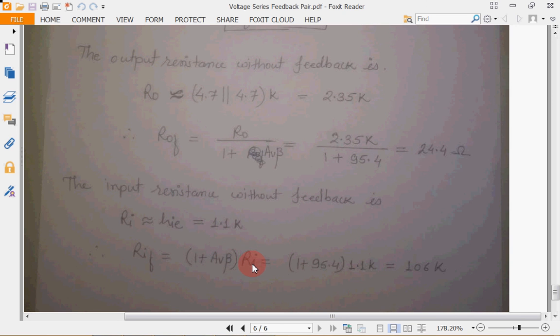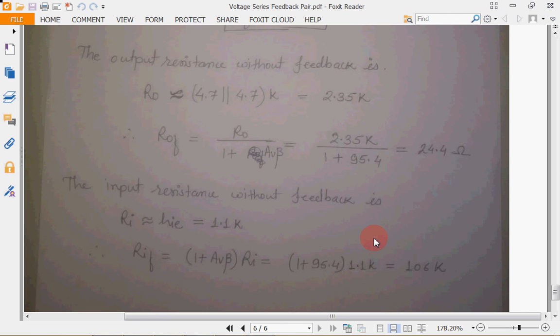So put the values, you will find that the input resistance with feedback is 106 kilo ohm. Without feedback it was 1.1 kilo ohm, and with feedback it is 106 kilo ohm. So in this example we have seen that when we apply the negative feedback, the input resistance increases, output resistance decreases, and the gain decreases.